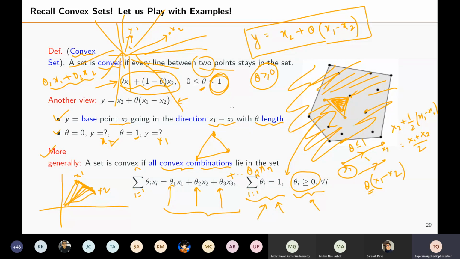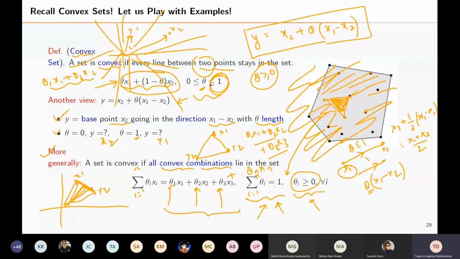So I gave you the example of a line, but you can play with this. Take 3 vectors, x1, x2, x3, and define them. Then put a restriction like this. In this case, the convex combination is theta 1 x1 plus theta 2 x2 plus theta 3 x3.